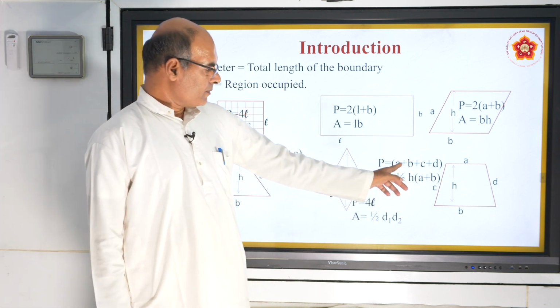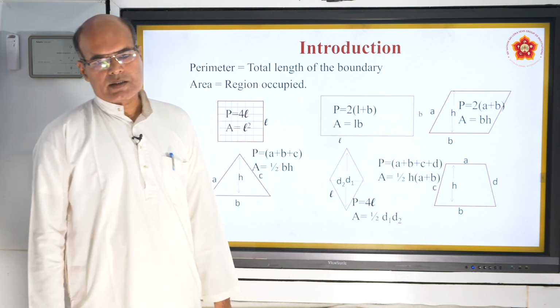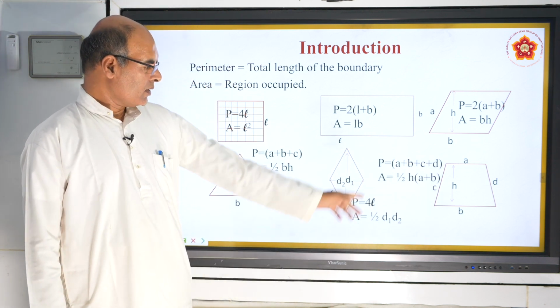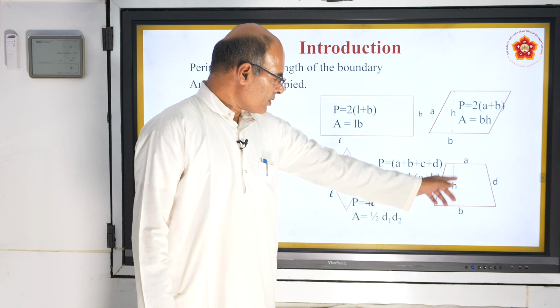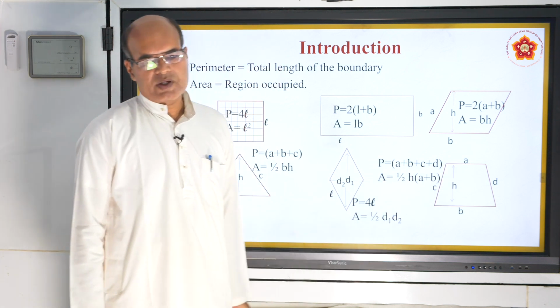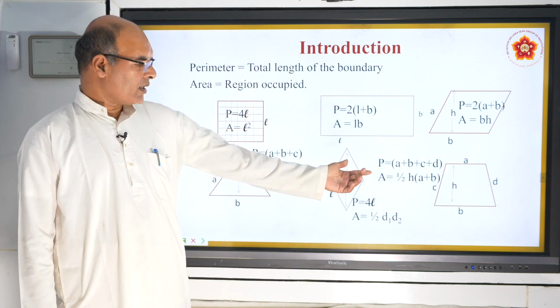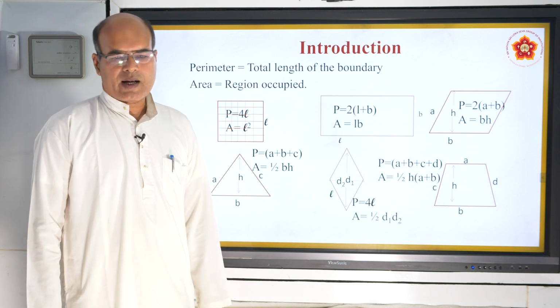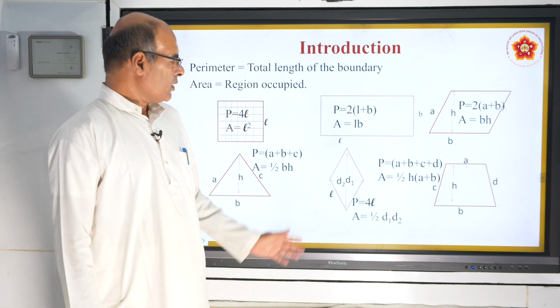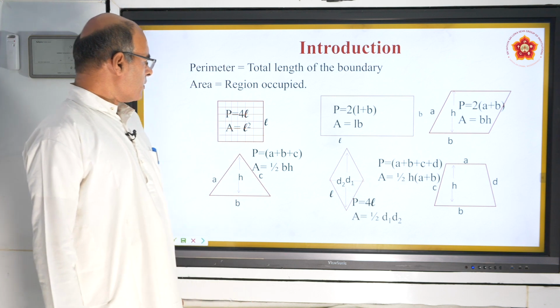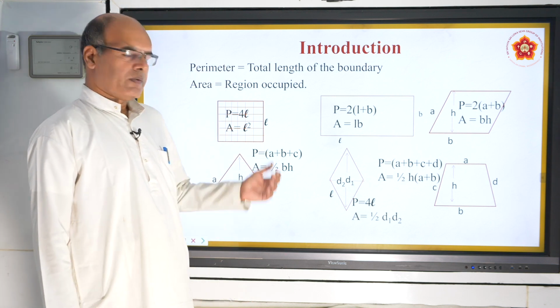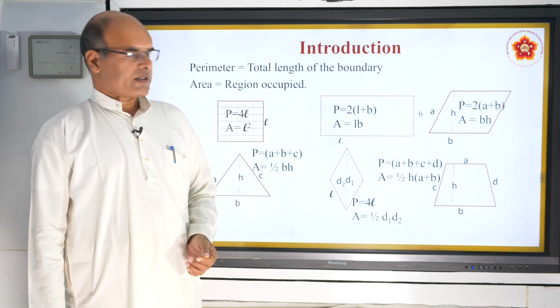Here the perimeter is sum of all the sides, and area is half into A plus B into H, half H into A plus B, where A and B are the lengths of parallel sides. So these are the areas and perimeters of a few plane figures.